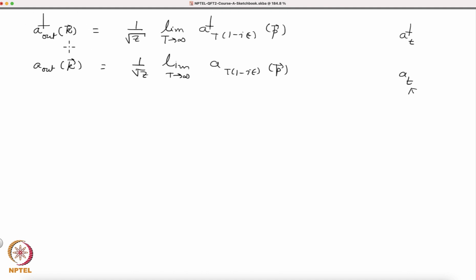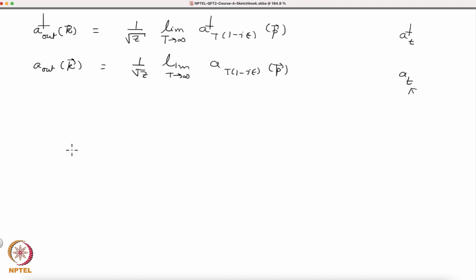So these are the two operators which carry this subscript out, and you can check that the basis states which these create are the ones which, if you were to fold them with appropriate functions, will give you a state which will represent well separated particles in the far future, okay.